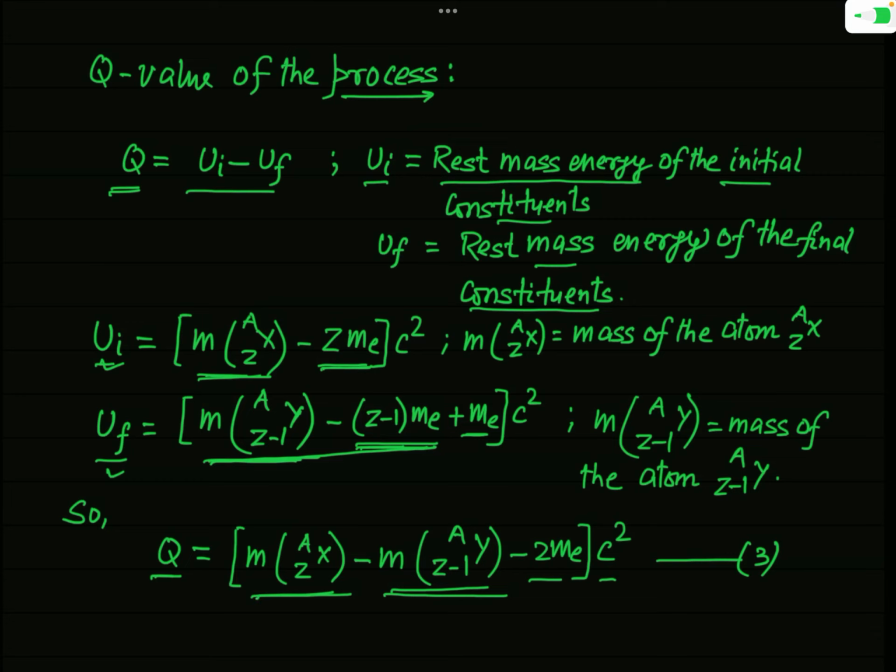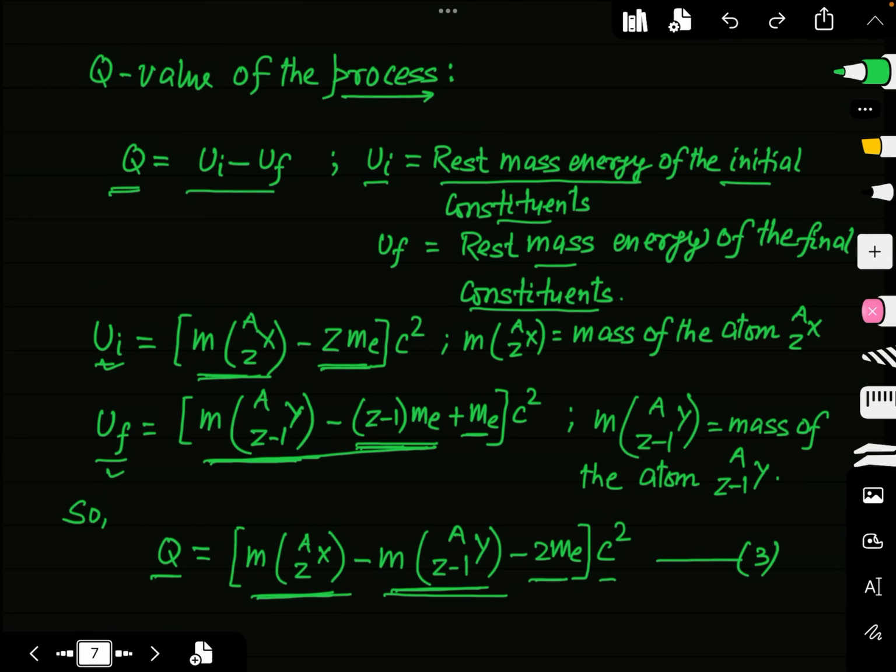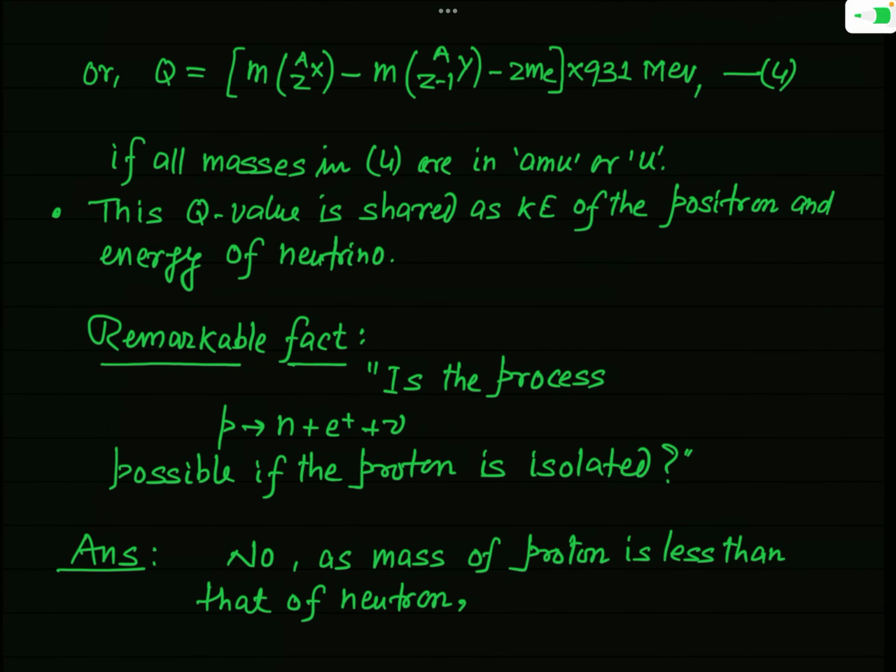Again, if the mass of the parent atom, the mass of the daughter atom, and the mass of the positron are all expressed in AMU or u, then we will simply write the expression for the Q value like this: Q equals m of zxa minus m of z minus 1 ya minus 2me times 931 mega electron volt, because 1 u is just equivalent to 931 mega electron volt.